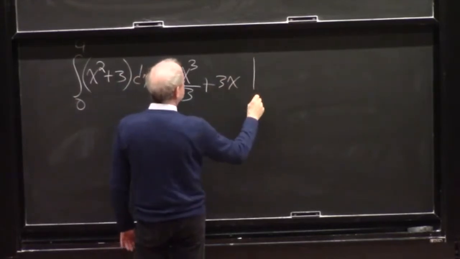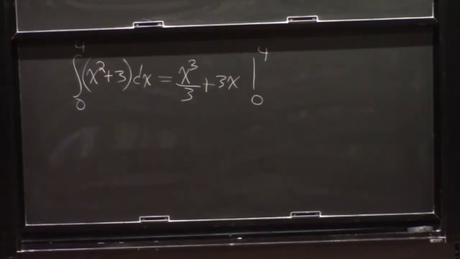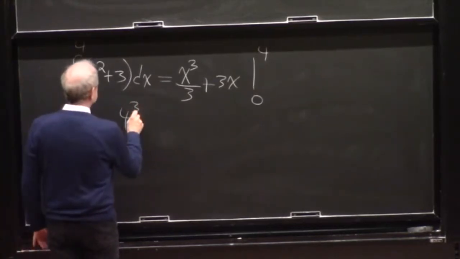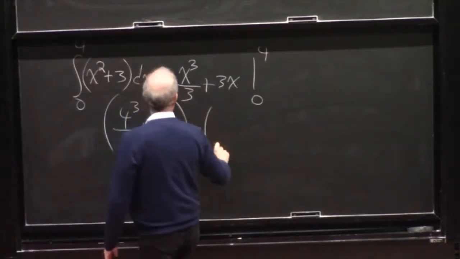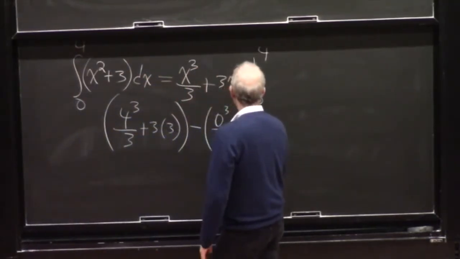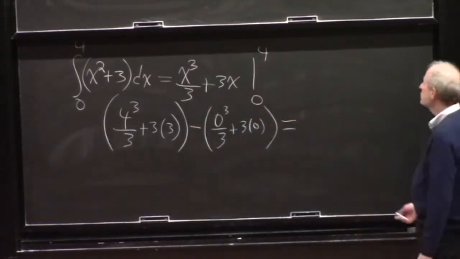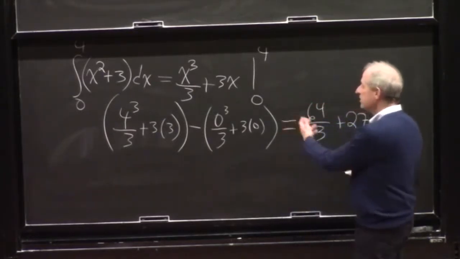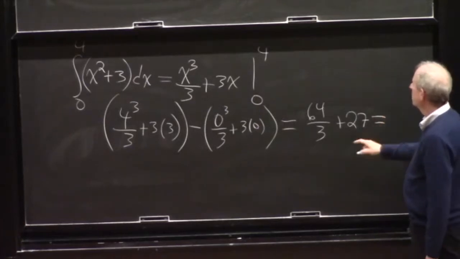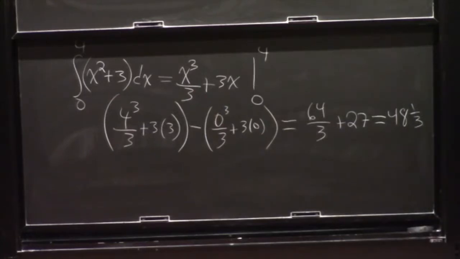You draw this little line, that just sort of stands for what the limits are. When you plug in the top number, you plug in the bottom number, and you subtract. So this was 64 thirds plus 27 minus 0. So that's 48 and the third, and I believe we guessed that it was 48.